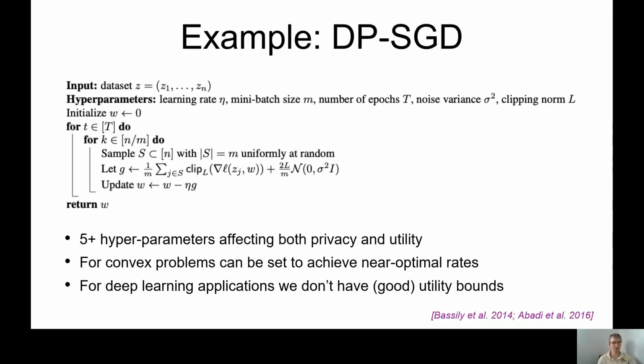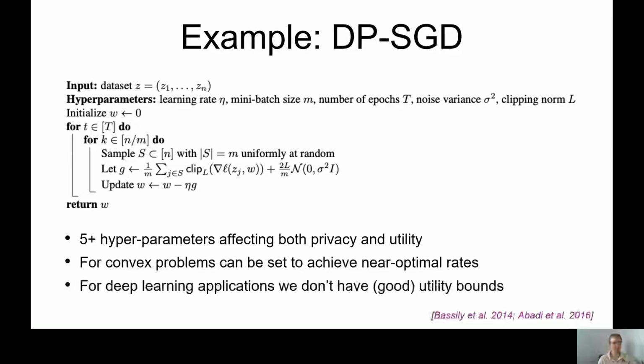Now the problem comes when you try to privatize this algorithm. For that, we may clip the gradients, we add Gaussian noise, and so on. And in the end, we end up with 5 hyperparameters that affect privacy or utility of stochastic gradient descent. And we don't have good utility bounds for such non-convex problems, meaning we have no good way of choosing these hyperparameters.